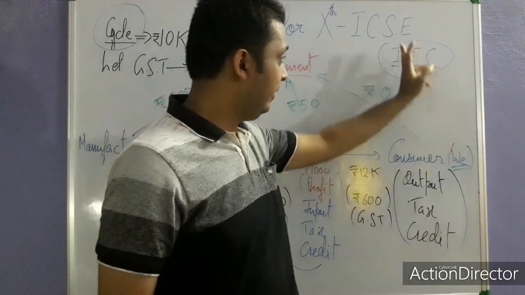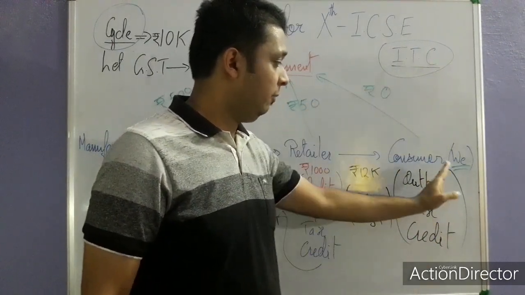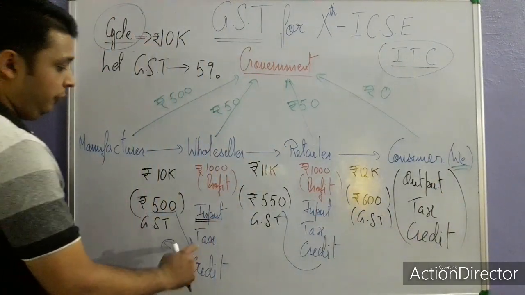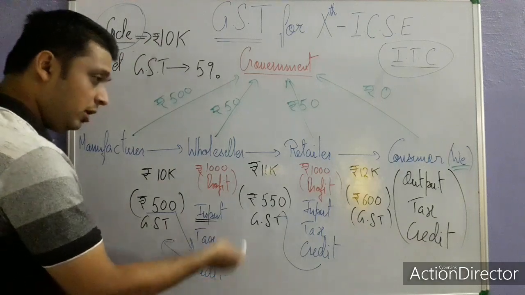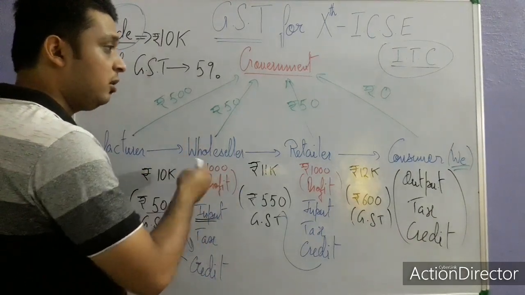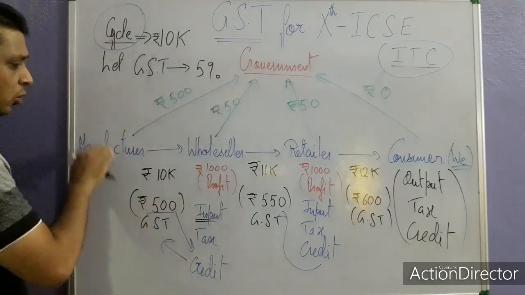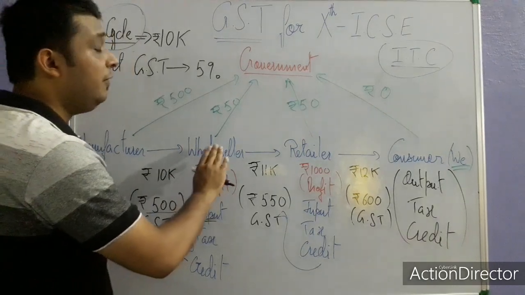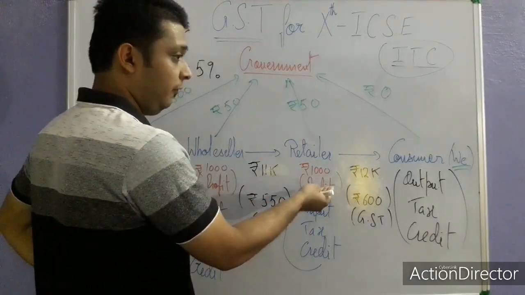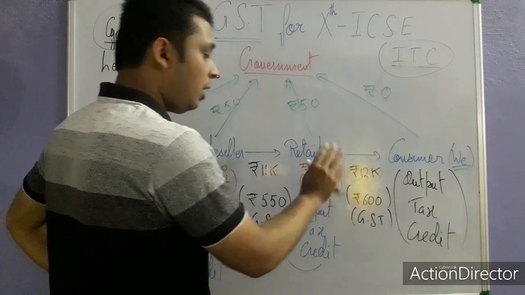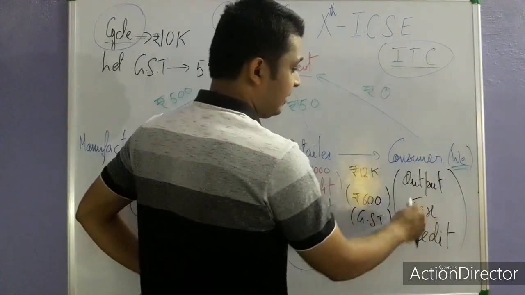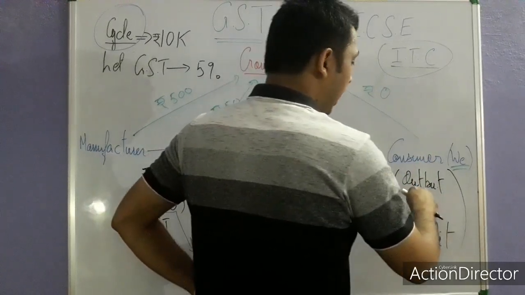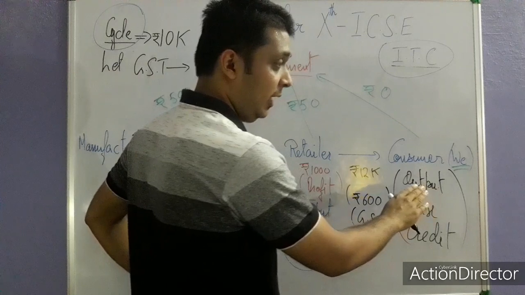What is ITC and what is OTC? That means input tax credit and output tax credit. In the case of input tax credit, we have the credit already given by us to the government via any wholesaler or retailer, or in the case when we are about to sell it to someone else. Now this tax credit becomes the output tax credit when we are the ultimate consumer of that product.